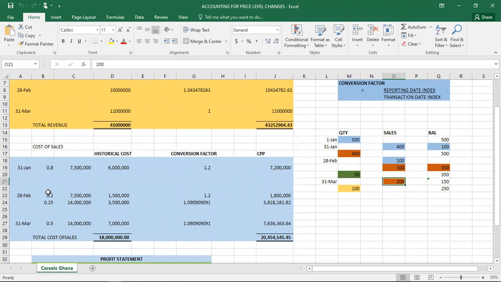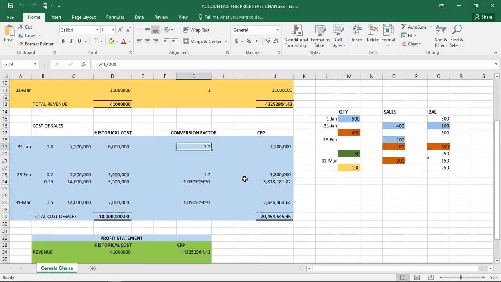So when I come here and I say 400 divided by 500 multiplied by 7,500, the historical cost is 6,000. Here, 200 divided by 500 multiplied by 7,500, the historical cost is this. 200 divided by 400 multiplied by this, I get the historical cost to be this. In that order, then I come and do my conversion factor or my CPP factor to get my CPP here.